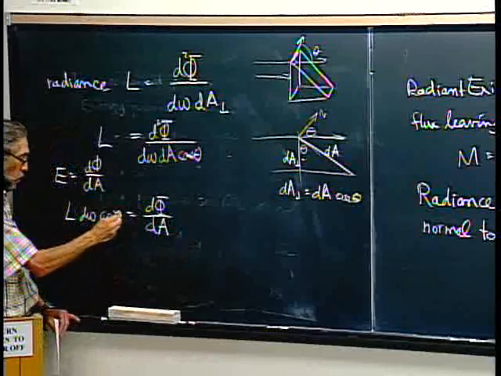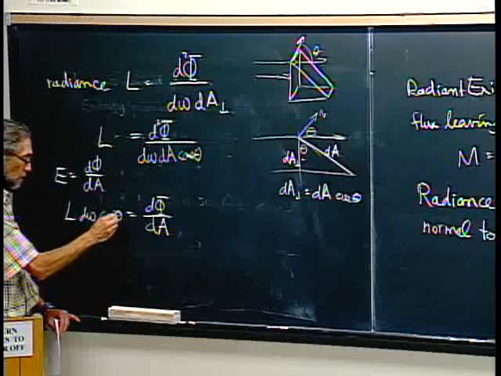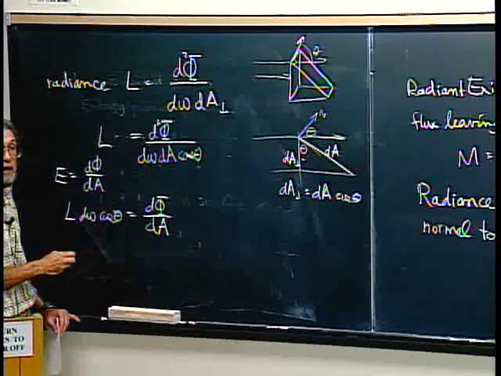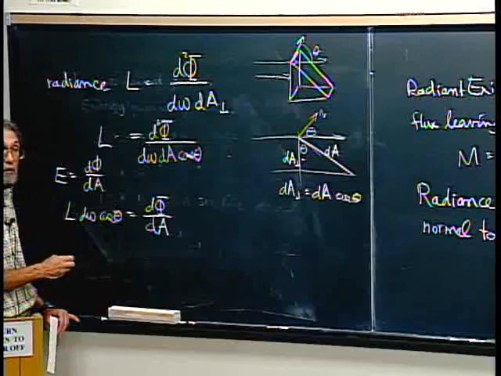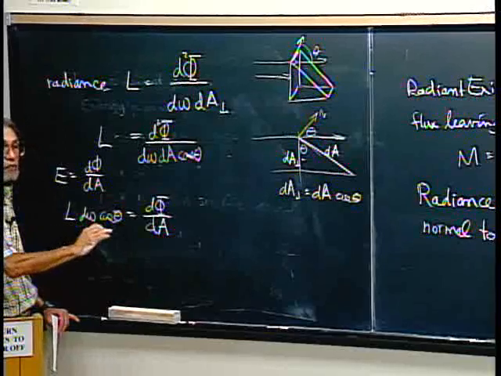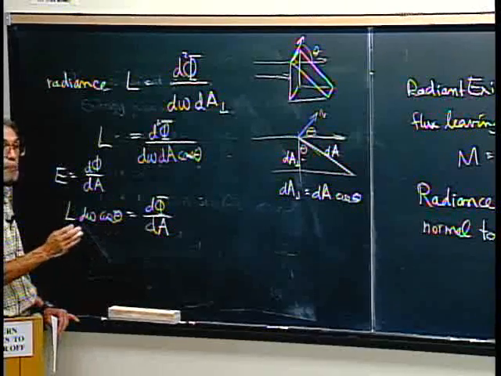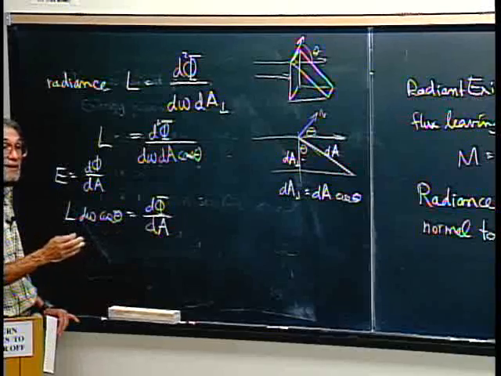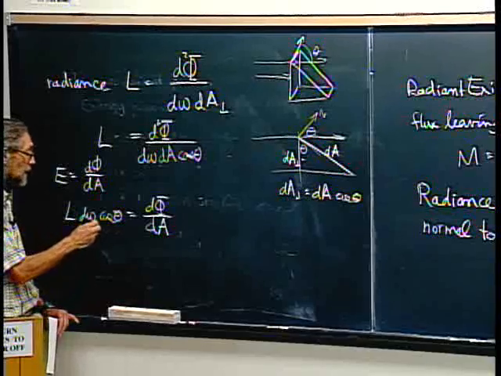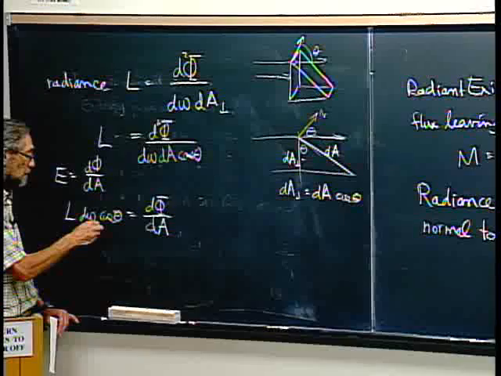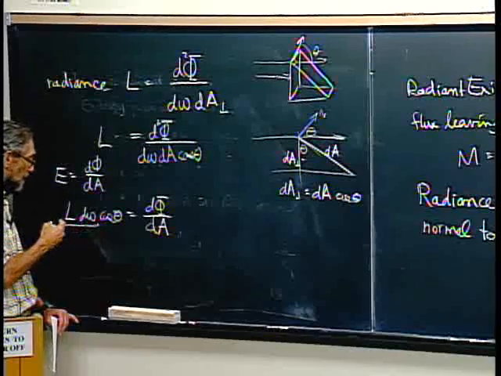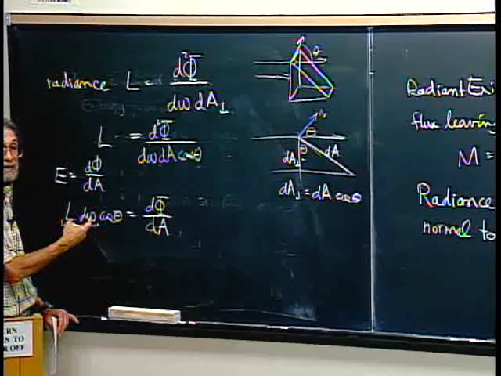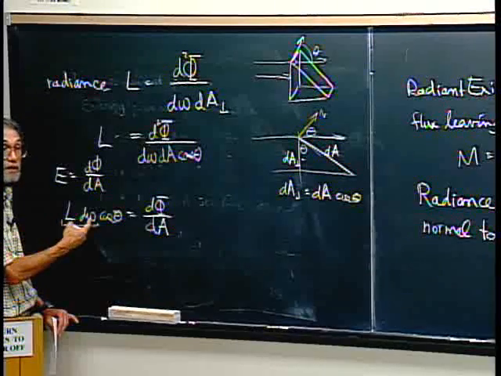And so this is the cosine theta factor you get in Lambert's law, where a diffuse surface emits light proportional to how much light hit it. And how much light hit it is, we have to multiply the brightness of the light by the solid angle. That's what I keep comparing: the brightness of the sun is constant, but the solid angle is smaller when you get farther away from it.